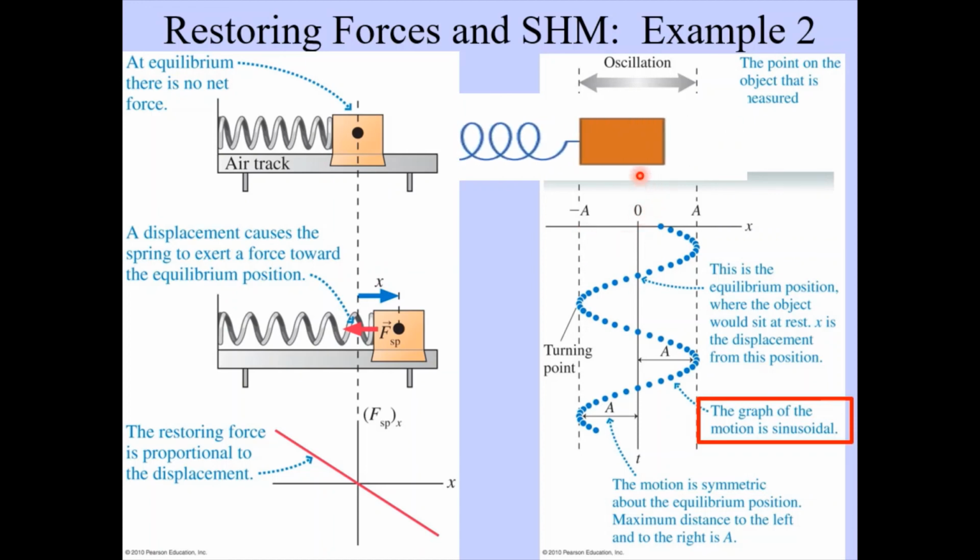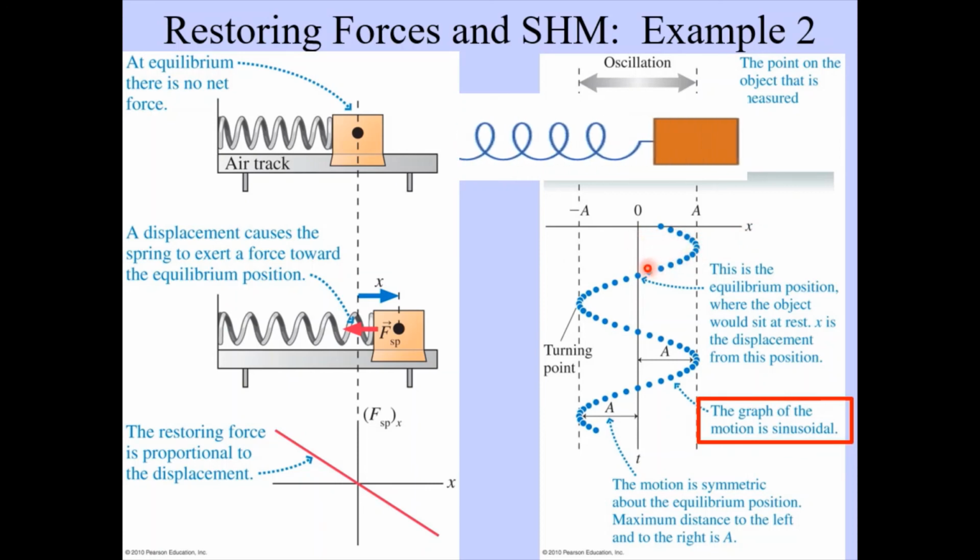Now, if we actually plot the exact position at every little instant of time, so this is time going down in the graph, all right? You can see the T down here. This is the time axis moving down, and then this is distance going back and forth horizontally in this graph. But each one of these points here represents where the object is on the x-axis at each interval of time.